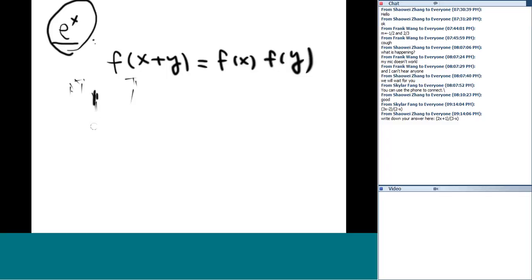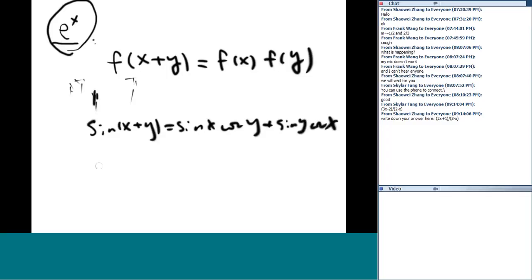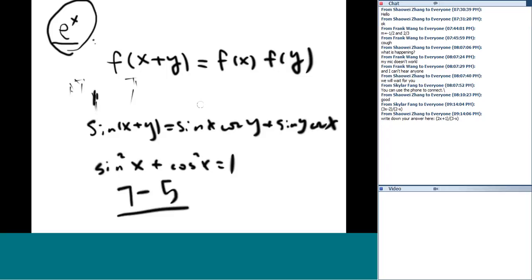So essentially it is sine of x plus y, that formula. Also sine square. So nothing really. So 7-5, let's look at 7-5. Which of the following functional identities are satisfied by f(x) equal absolute value of x?